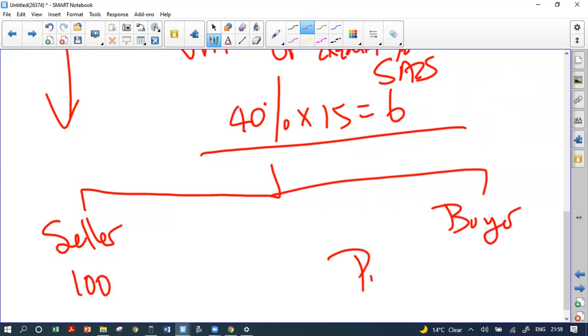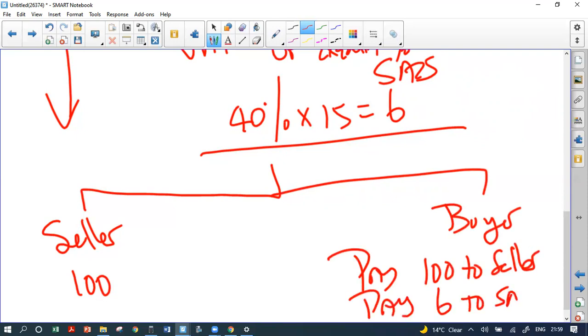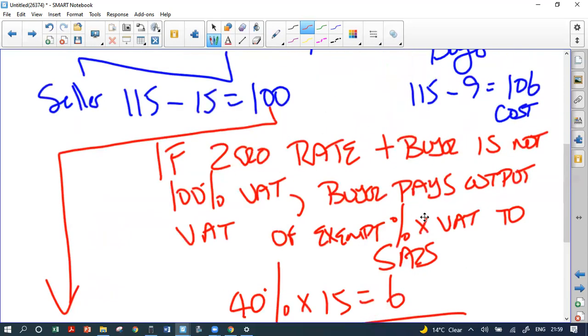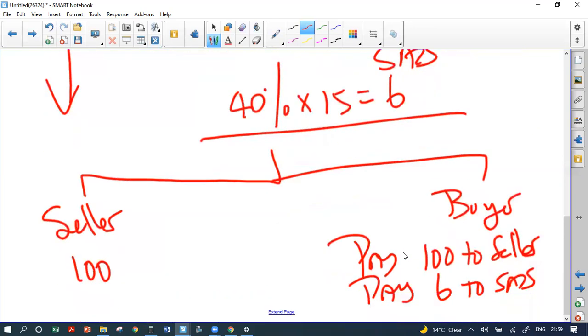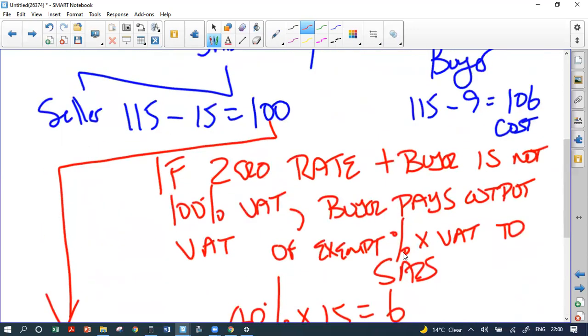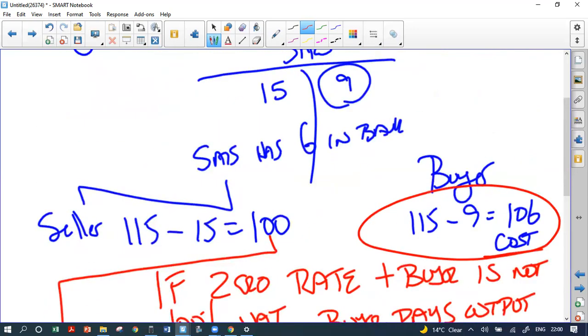He's going to pay 100 to the seller. He's going to pay 6 to SARS. Why? Because when it's zero rated and the buyer is not 100% VATable, the buyer has to pay output VAT to SARS of the exempt percentage times VAT. So in this case, 6 Rand. And what's the total cost to the buyer? 106. And if you didn't zero rate, what is the total cost to the buyer? 106.